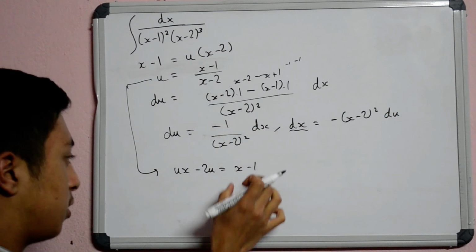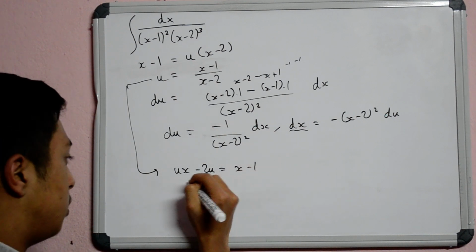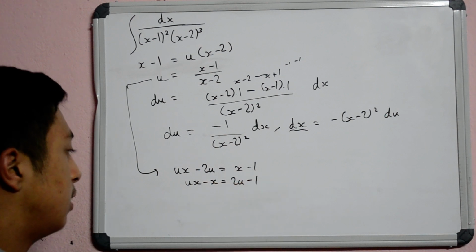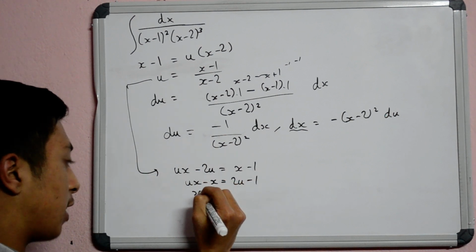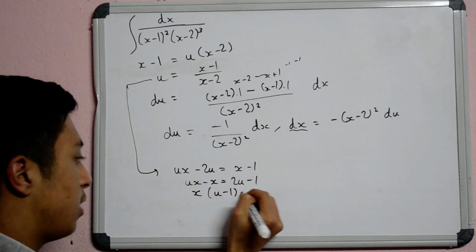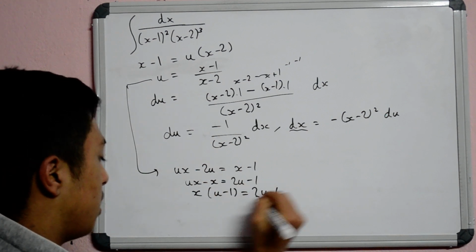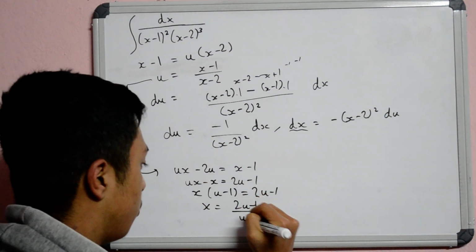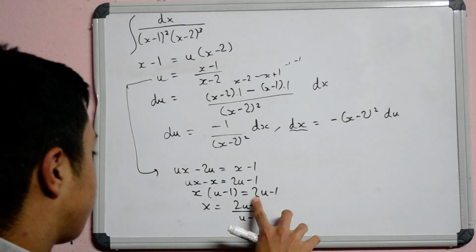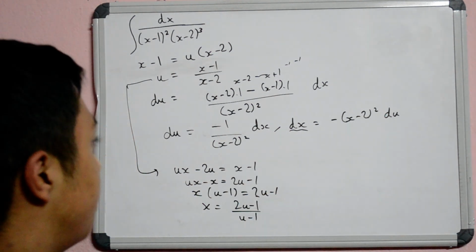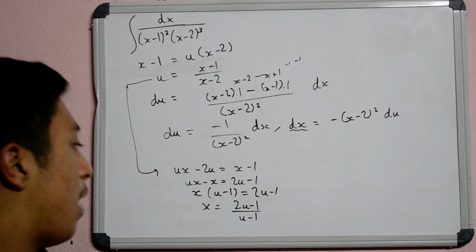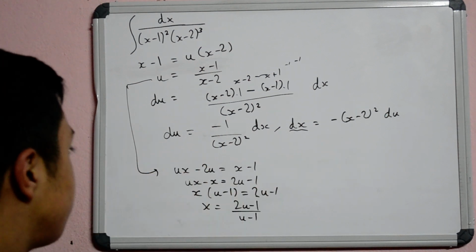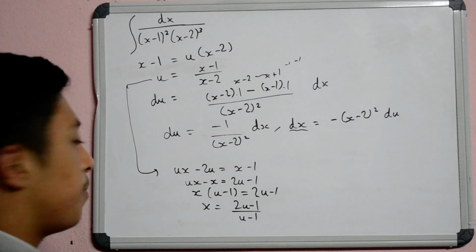And we want to just have x, so this becomes ux minus x equals 2u minus 1. Now from here we can take x common, that becomes x times (u minus 1) equals 2u minus 1. So x equals (2u minus 1) by (u minus 1).